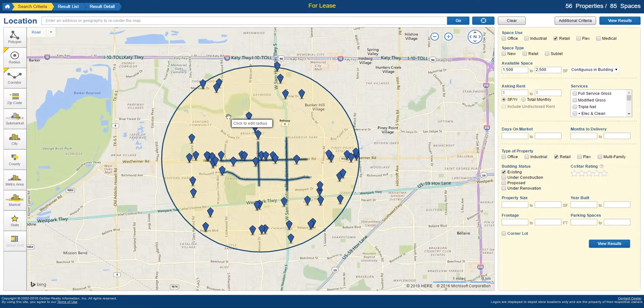But for our specific use, which is a coffee shop slash restaurant, for our size requirements, for the demographic requirements that we really need to be in this area on these streets, the properties here, our pick is by far the best in this area.